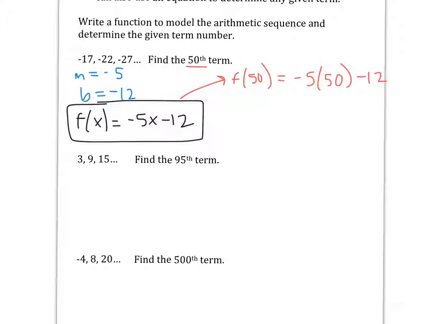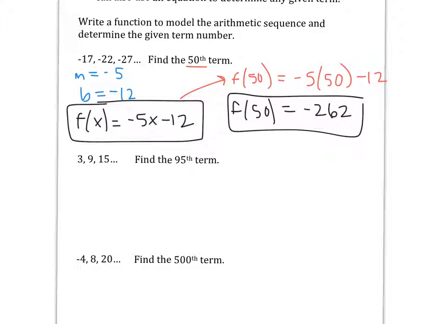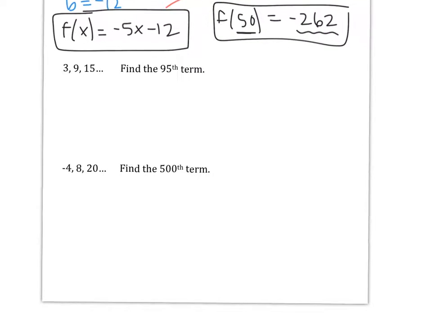In my calculator, I'll type in negative 5 times 50 minus 12. If I didn't know right away that would have been negative 262, I can always use my calculator to help solve. So my answer, f of 50, equals negative 262. You're telling your readers the 50th term here is negative 262. And again, we could find any term of the sequence we wanted.